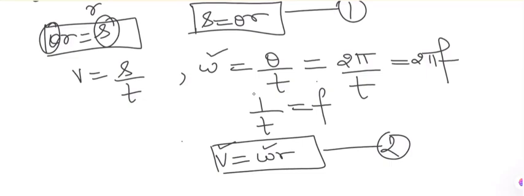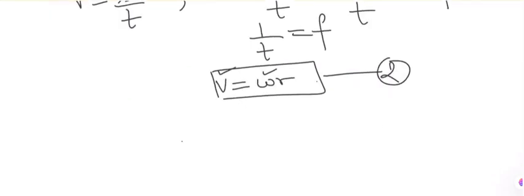Okay, now let's come to the next pointer, and that is acceleration. Basically, we are aware that acceleration is equal to change in velocity over change in time. So this can also be written as what?